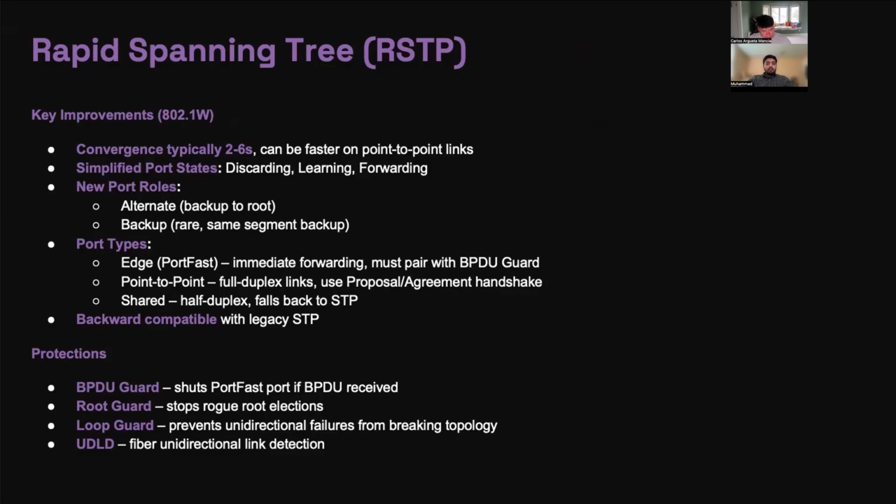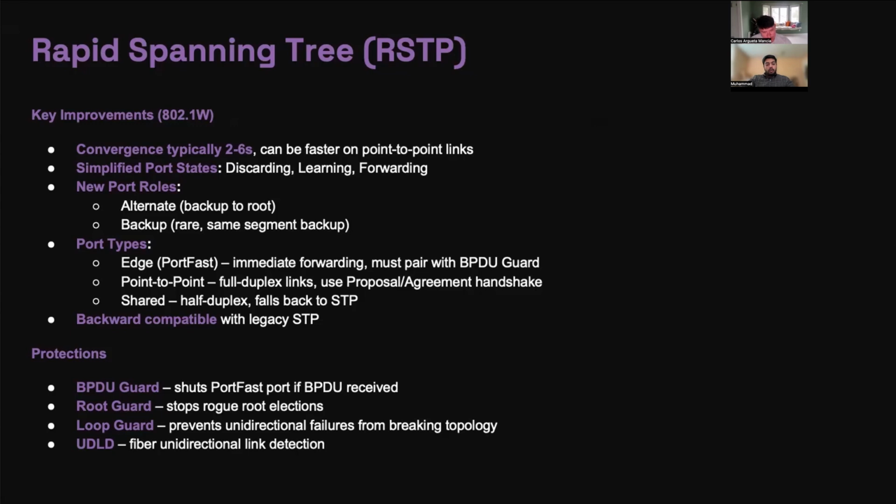And it can be much faster on point-to-point links, like the links between switches. Simplified port states: it has only 3 states, where you have discarding, learning, and forwarding. The new port roles, you have an alternate, the backup to root, and a backup, which is a rare same segment backup.